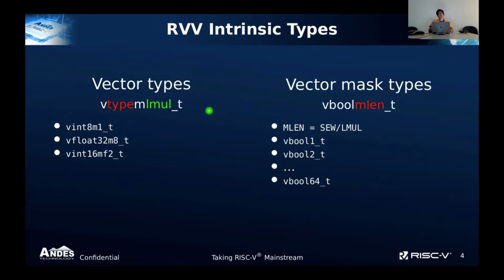Being sizeless means that you cannot use the sizeof operator on those, or put these types in a C-level struct or union. On the left-hand side, we have the vector types.